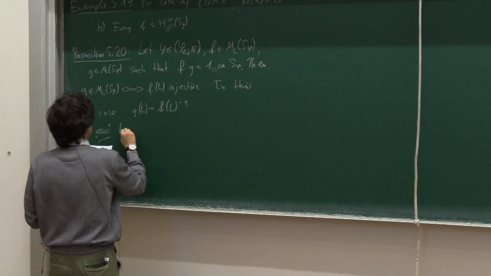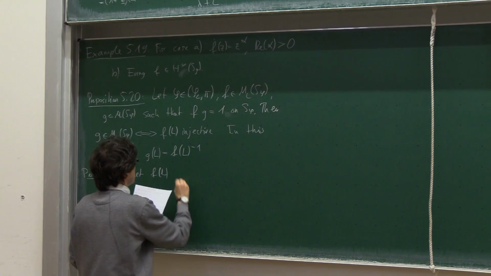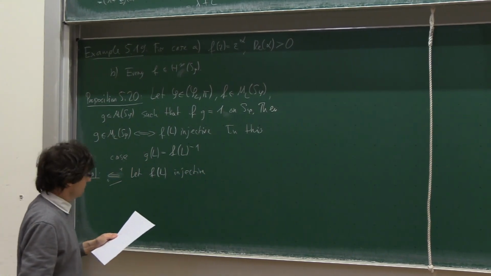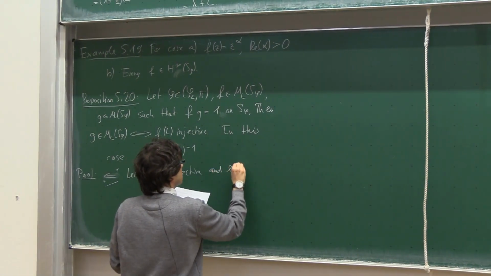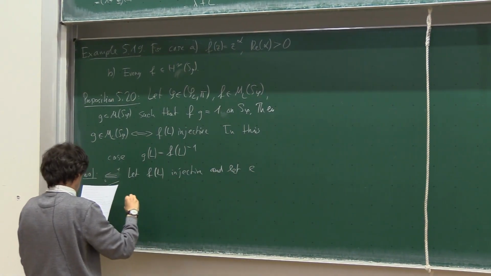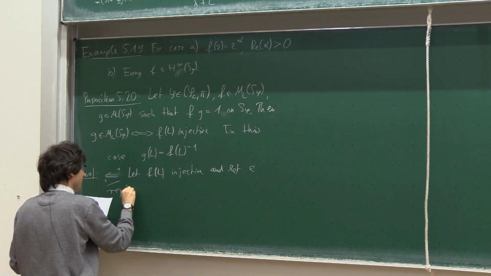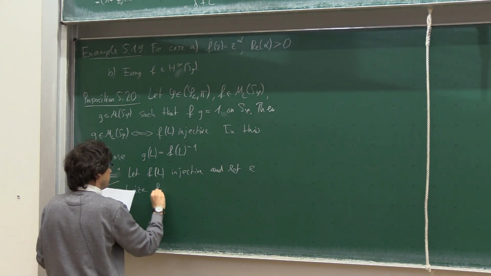I think I will only be able to do this one because of time issues. So let's do this direction. Let f of L be injective. And we know that f is regularizable. So take some regularizer and call it E, so E regularizes f.